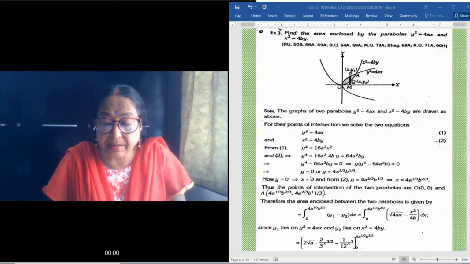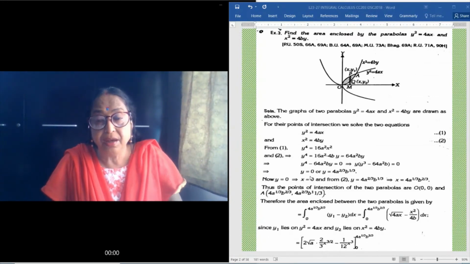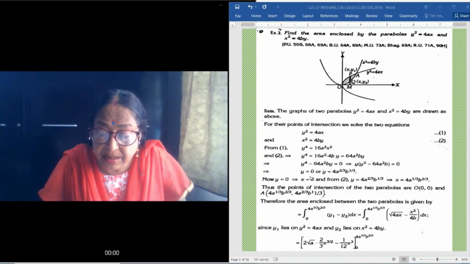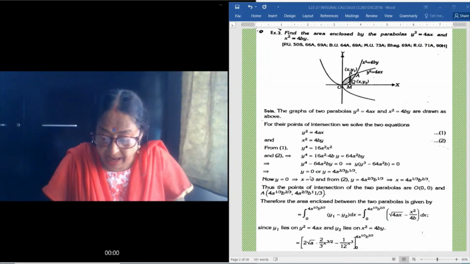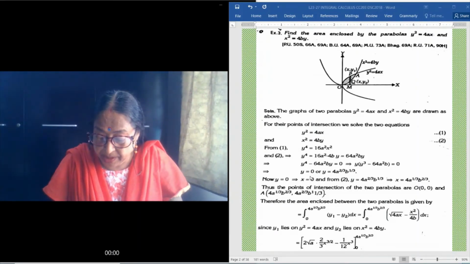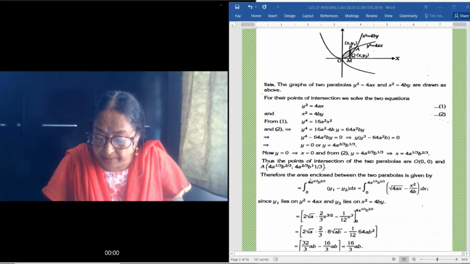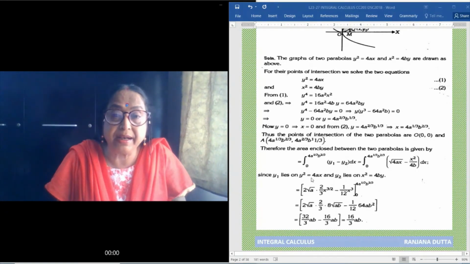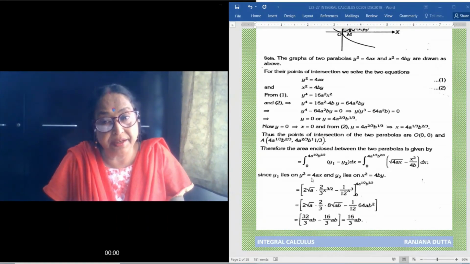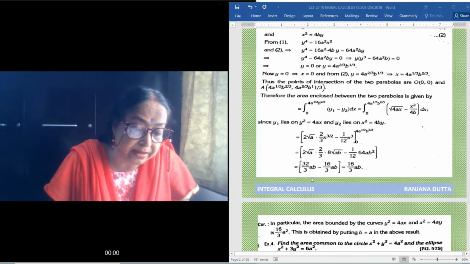And since the curve, we can see the shaded portion, which is from 0 to the coordinate of A in the x-axis, and we find it here 0 to 4 A to the power 1 by 3 and B to the power 2 by 3, and after doing the integration, as you know, we can get the answer.